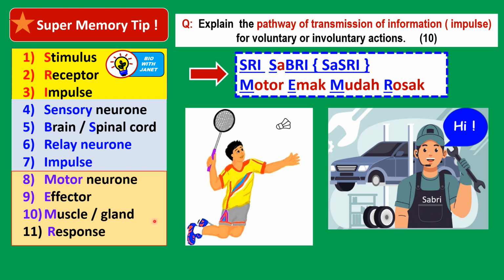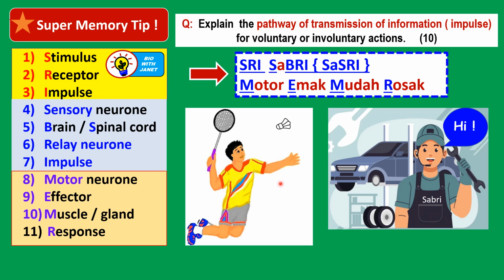Now this is the last part at the effector. The motor neuron then transmits the impulse to the effector. Okay, and then the effector is either the muscle or gland, which will carry out the response. For example, the muscle may contract. All right, for example, in this person who is going to swing his racket to hit the shuttlecock in badminton, he has to move his arm, right?